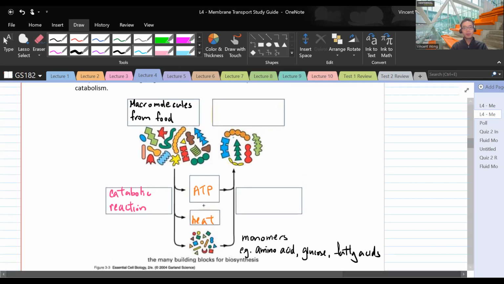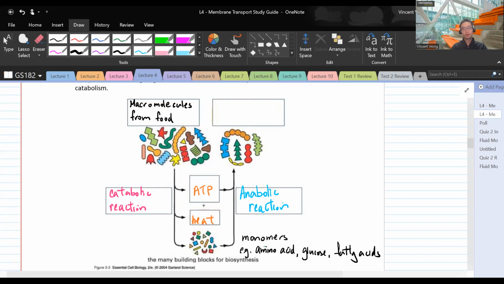Your cell is going to take all these building blocks and will link them together in anabolism, or anabolic reactions. So the amino acids will connect together to form proteins. Your ribosome does that for you. The fatty acids might come together to form various types of lipids. Your smooth ER does that for you.